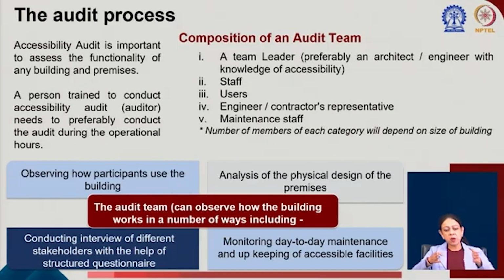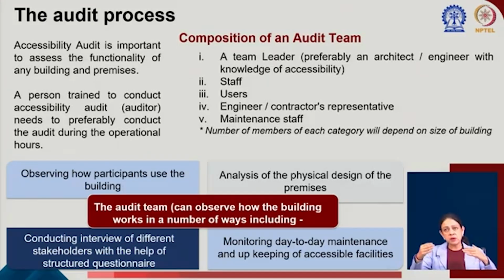Now, the entire audit process is conducted through a sequence of activities which involves observing how people are reacting with the building, because certain things might not be visible to the observer, but by watching someone who is using the building, you can identify the barriers, and by conducting some measurement with the help of the checklist.